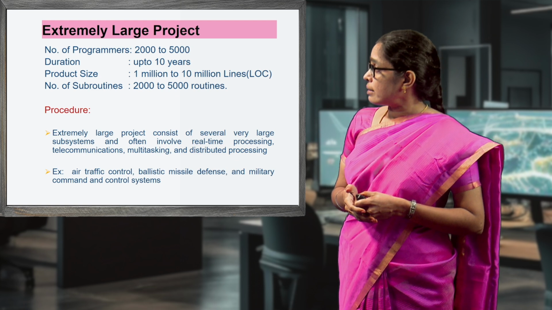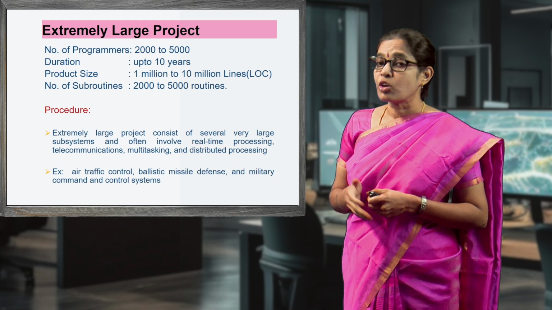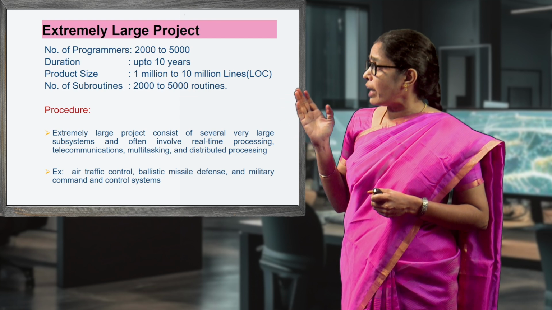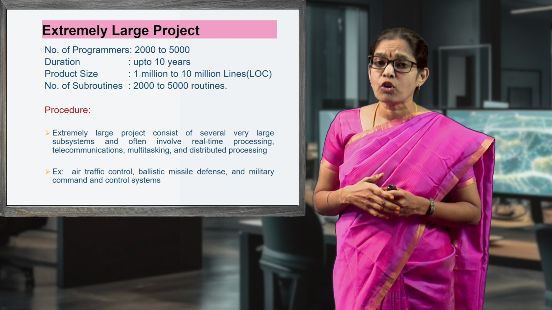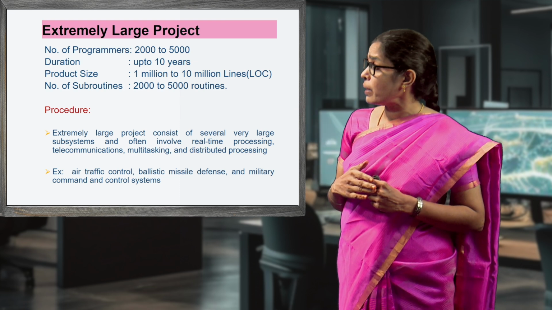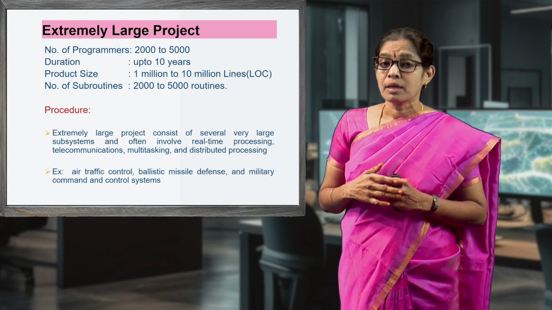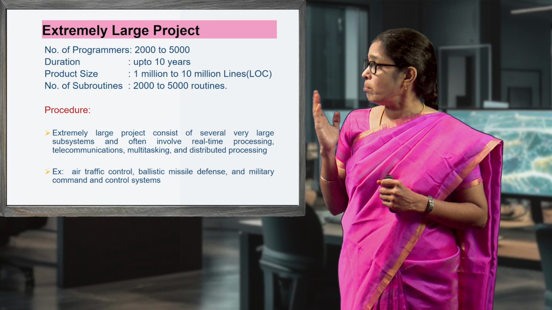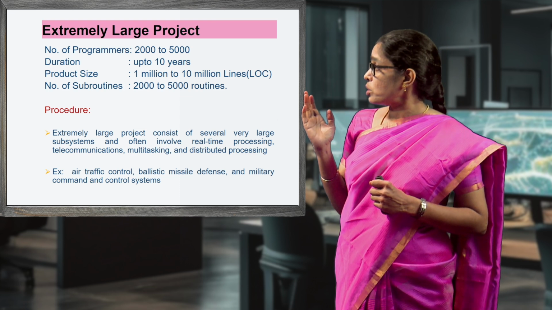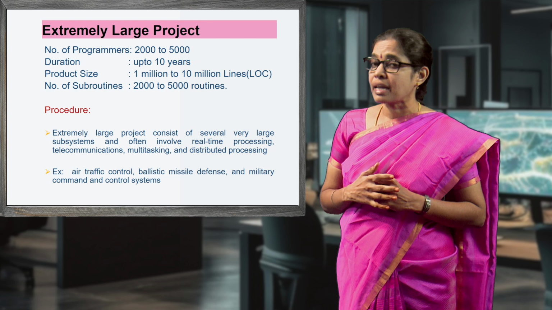Then the final type, extremely large project. Here 2000 to 5000 programmers can be involved in this project. The duration of this project may be up to 10 years. Product size is 1 million to 10 million lines. 2000 to 5000 subroutines can be used.